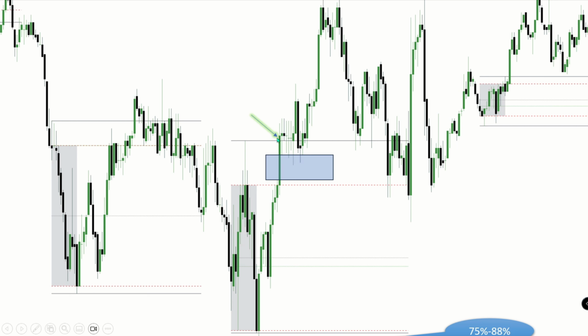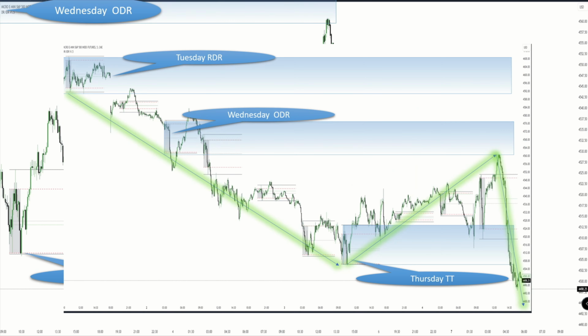Price closes above, so you're looking for longs, and then as soon as price trades in the fair value gap, you just continue going long. Or like in this case here, another fair value gap, price comes down into the fair value gap, and then you go long.